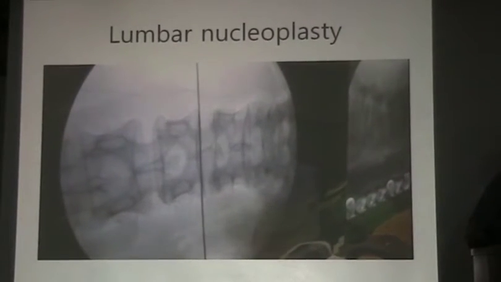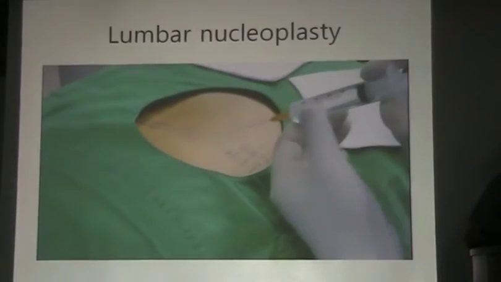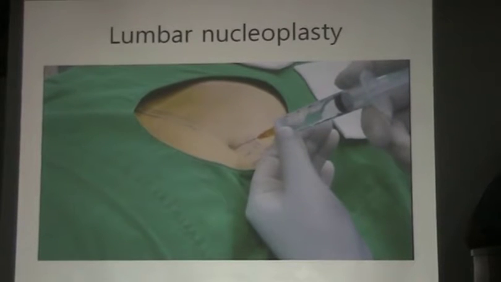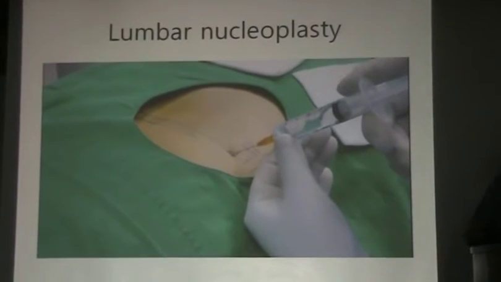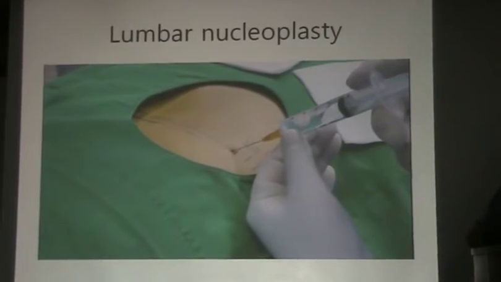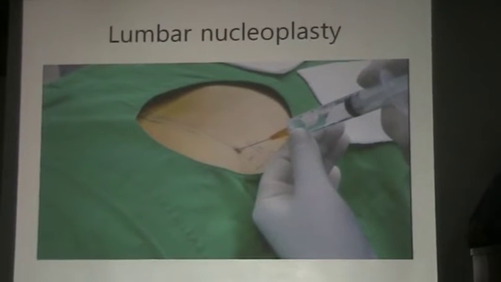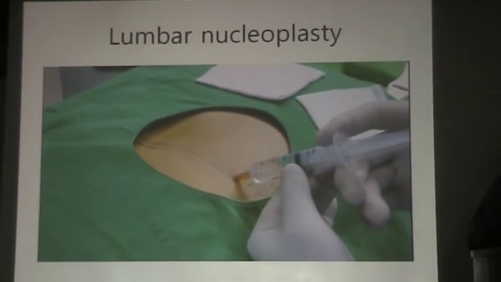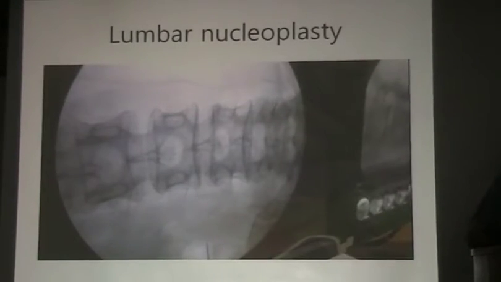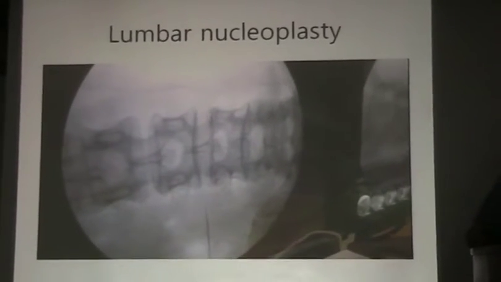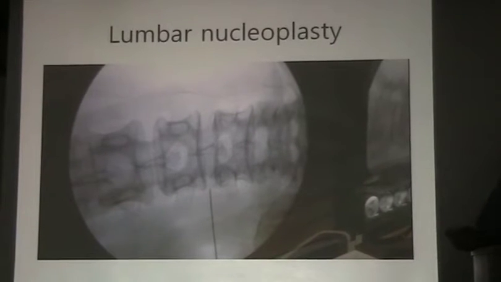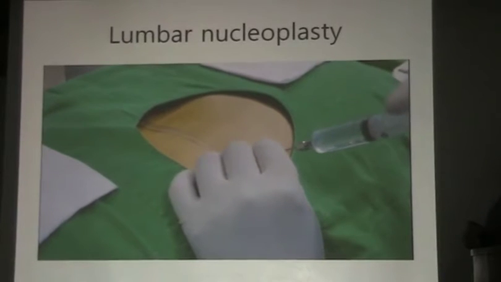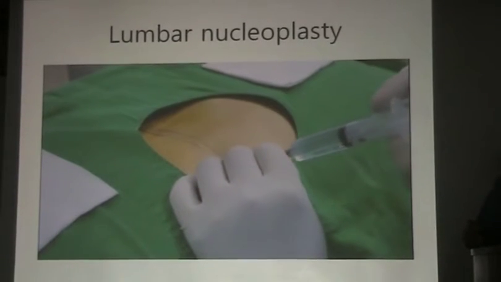Recheck, always recheck the true AP and lateral view, and local anesthesia to the skin. Just local anesthesia and muscle injection. Needle insertion to the facet joint. This is a 20 gauge spinal needle to the facet.